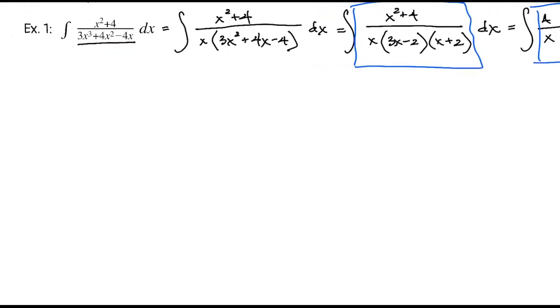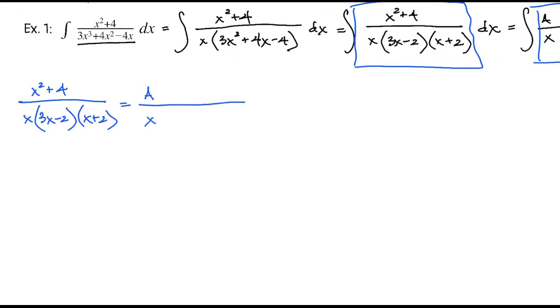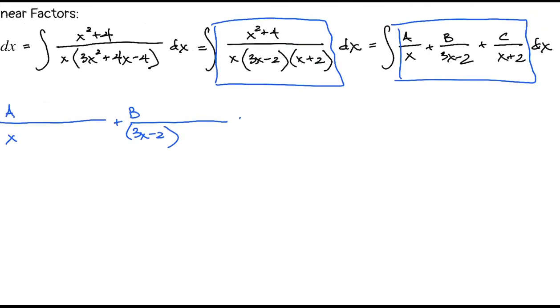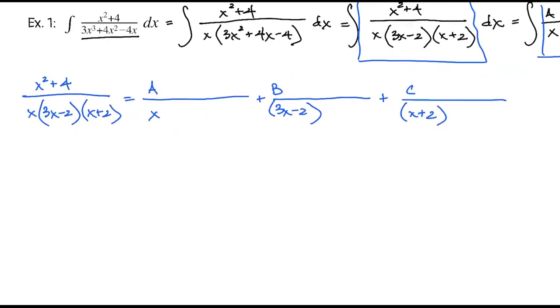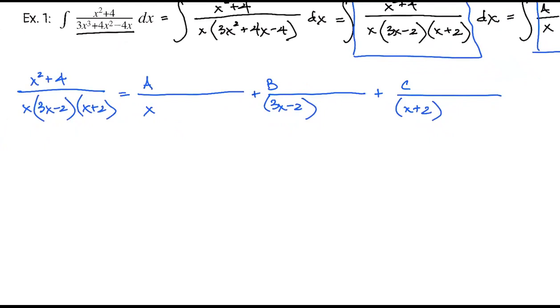So we've got x squared plus 4 over x times 3x minus 2 times x plus 2 equals a over x plus b over 3x minus 2 plus c over x plus 2, okay? And so let's go ahead and fill in the missing pieces to make all the denominators the same.